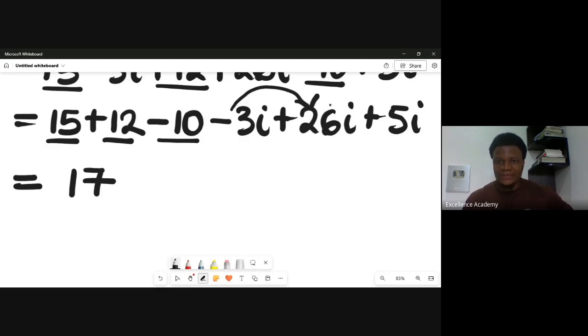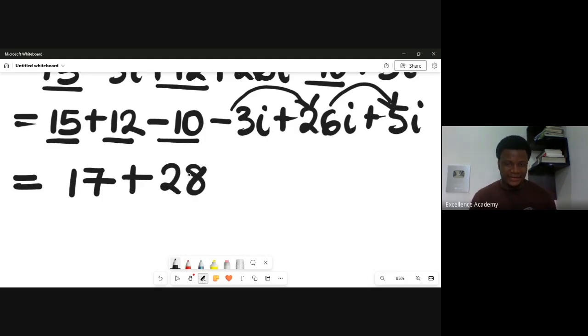Plus 23 plus 5 gives you plus 28. So I have plus 28. Then bring back the i. So plus 28i. So if I solve this, I have 17 plus 28i.